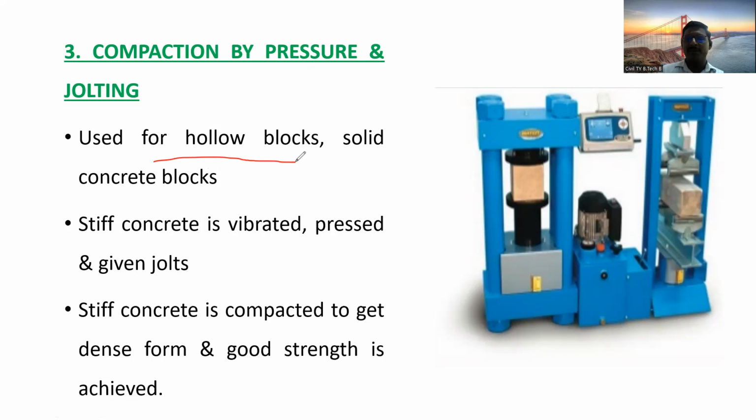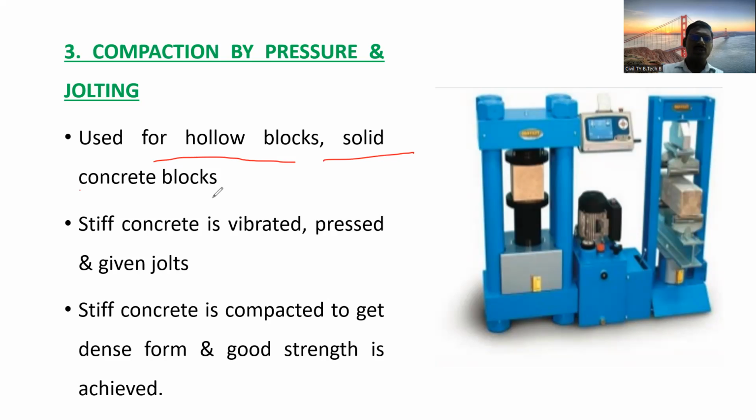Sometimes we prepare hollow blocks for construction purposes, and those hollow blocks we use for walls. So those hollow blocks we have to compact, so the pressure and jolting method we have to use.